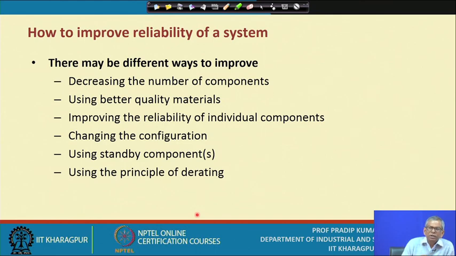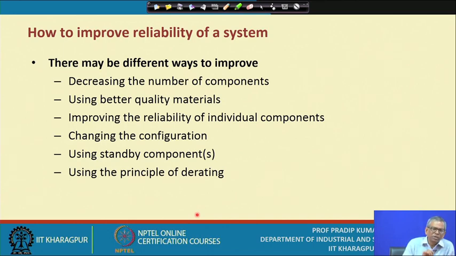So, if the component reliability is poor, whether you opt for a series structure, a parallel structure, a combination of both, or a system with redundant or standby components, you cannot assure high reliability for the system.